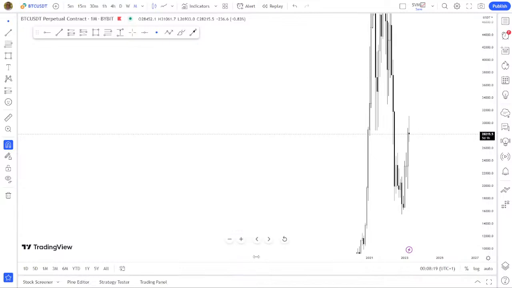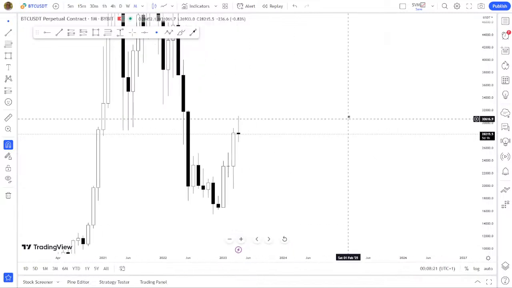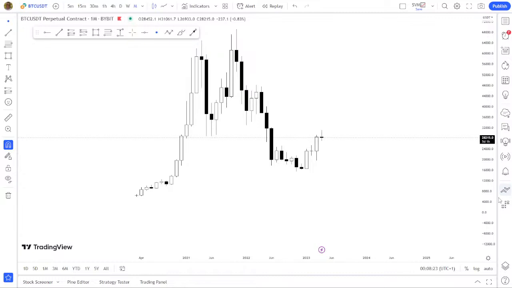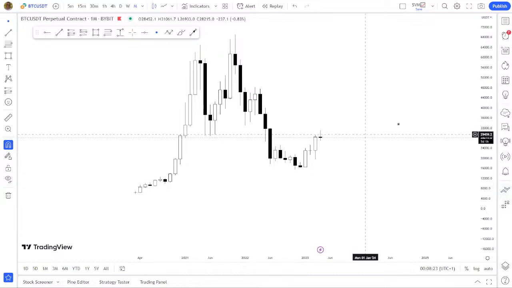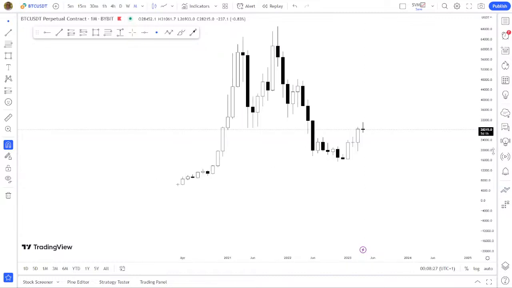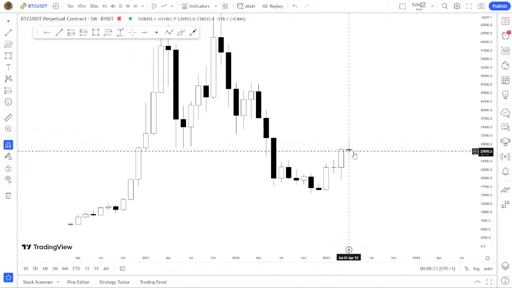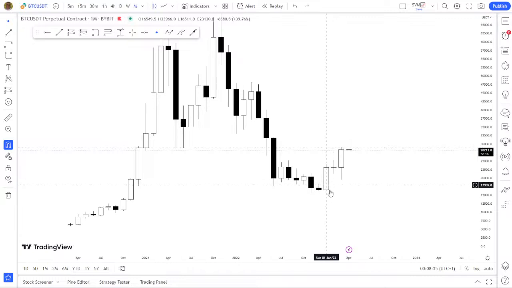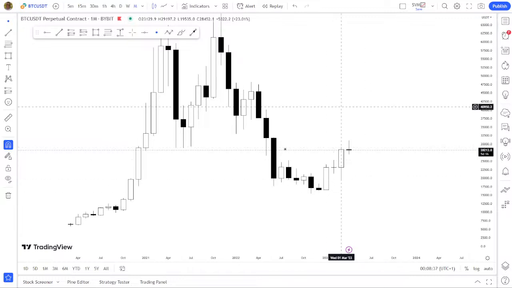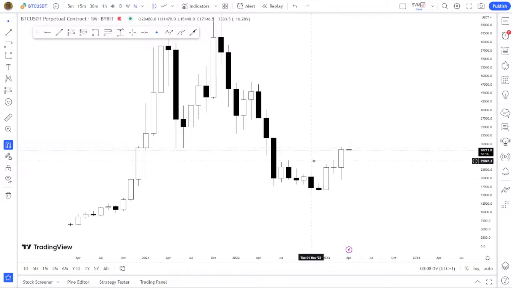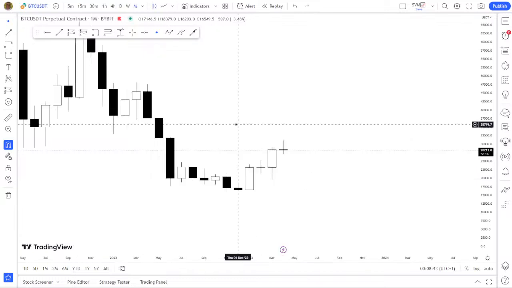We'll take the range of last month and mark that out, because basically I trade in ranges. I take range highs and range lows, and I trade around those areas. So we're starting analysis from last month's range.